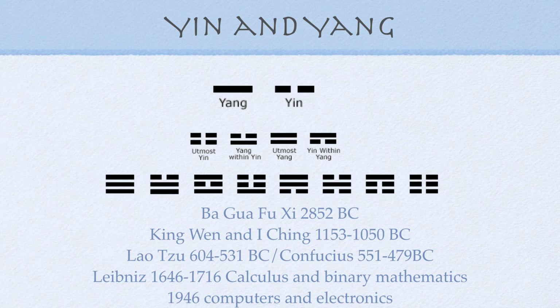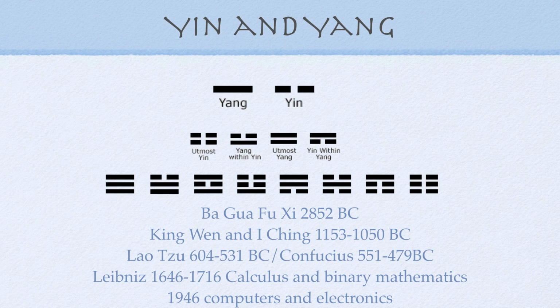So if we jump to our modern time, to the 17th and 18th century, we find Leibniz, who based his calculus and binary mathematics on the yin and yang and the mathematics of yin and yang. And it led us to 1946, our first computers and electronics. So basically, when we are using our computers today, the technology is based on the old mathematics of yin and yang. Interesting, isn't it?